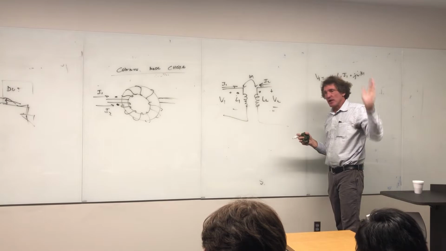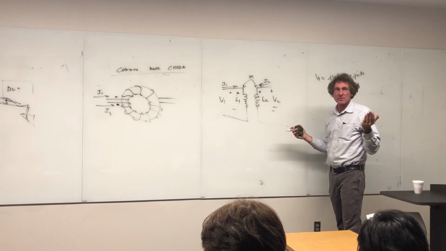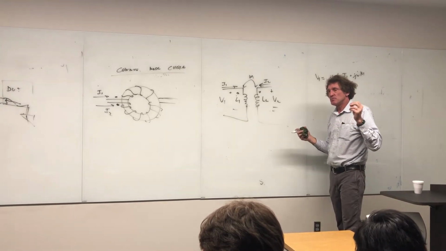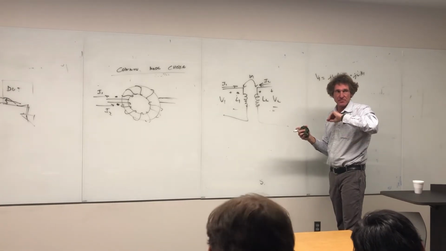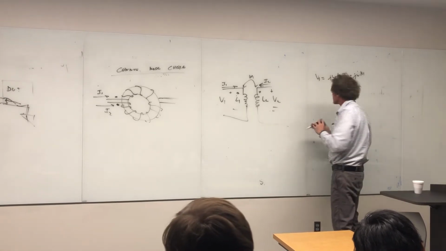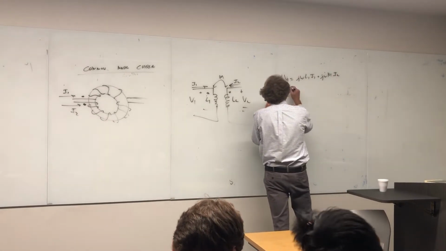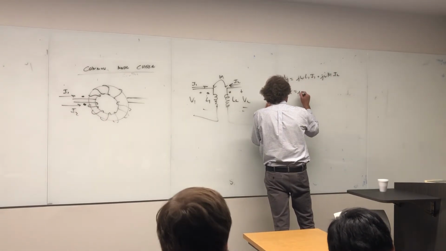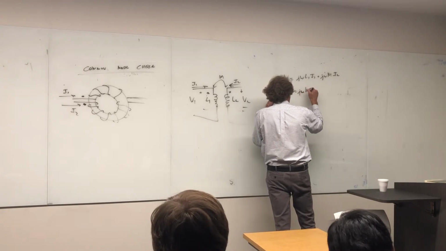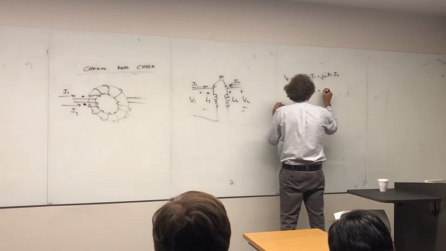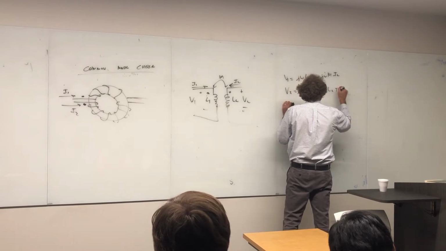You may have seen L sub M, it doesn't matter what symbols you use. M means mutual, it's between the coils. It's not a self-inductance. And then it's times I2. Then V2 is equal to j omega M I1 plus j omega L2 I2.